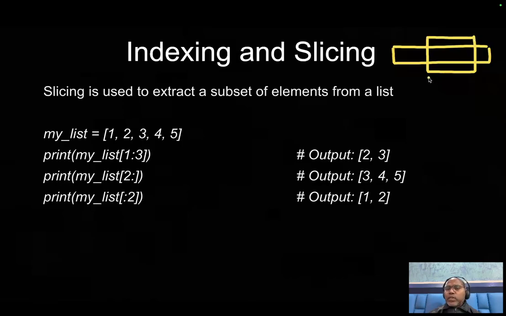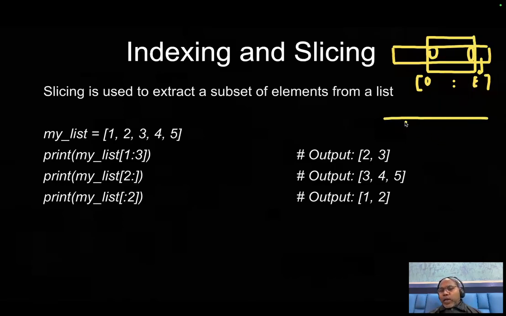That means this is our starting index, this is our end index. You can just tell it in this way. This is your starting index, which element you want from, and this is the end index, before which you want. This is known as slicing a substring.